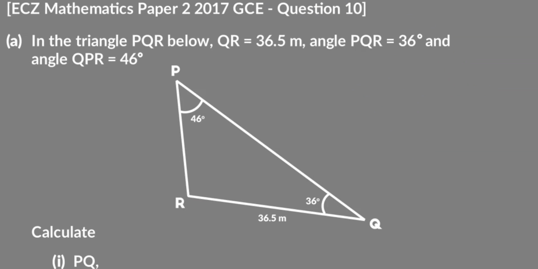The next question is from Mathematics Paper 2 2017 GCE question 10. In the triangle PQR below, QR is 36.5 meters, angle PQR is 36 degrees, and angle QPR is 46 degrees. You can look at the diagram and just have an idea of what we're going to do.